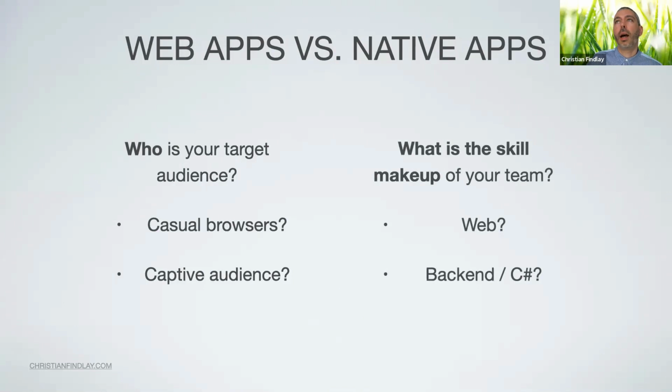All right. Another thing that needs thinking about is, what is the skill makeup of your team? If your team has been working with TypeScript, if it's been working with web, building web pages, then Blazor looks good. It gives your team something familiar, but it also allows people that have C# skills to build for the web.